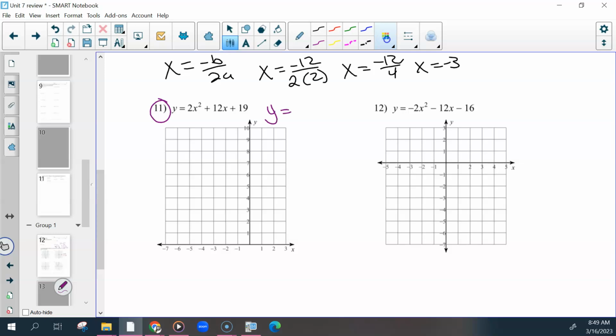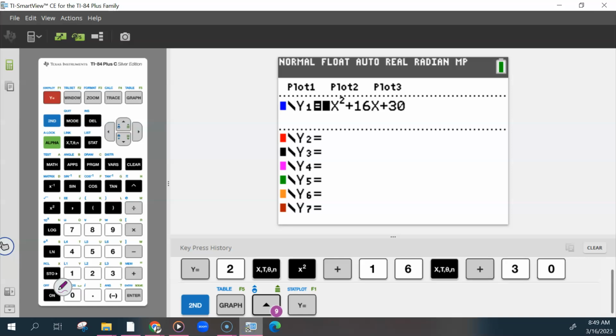You have y equals 2 times -3 squared plus 12 times -3 plus, all in, or you can do it in pieces, either or.